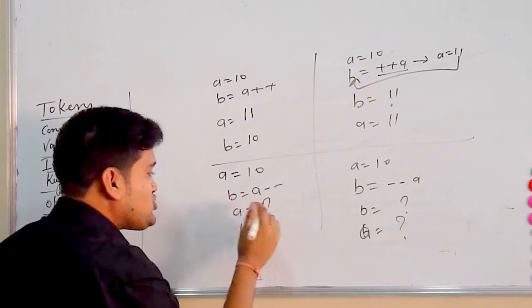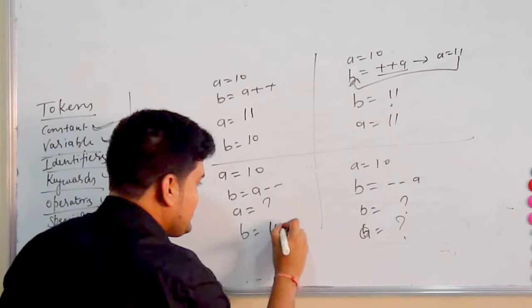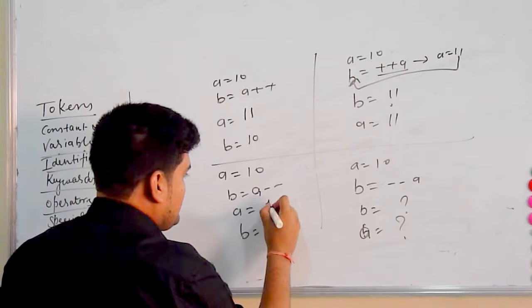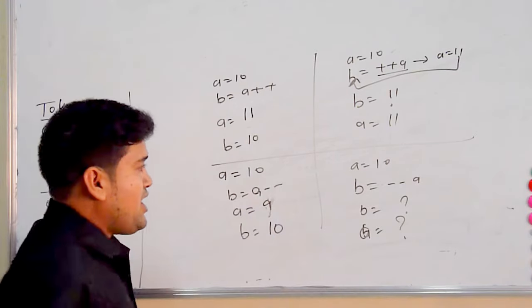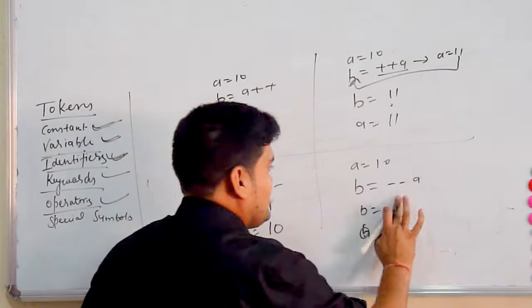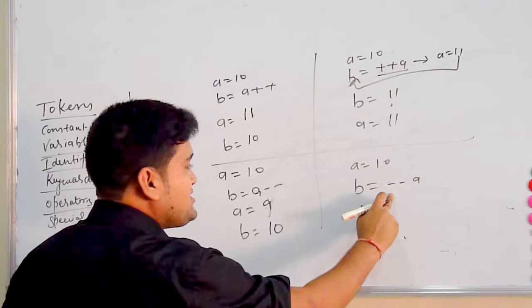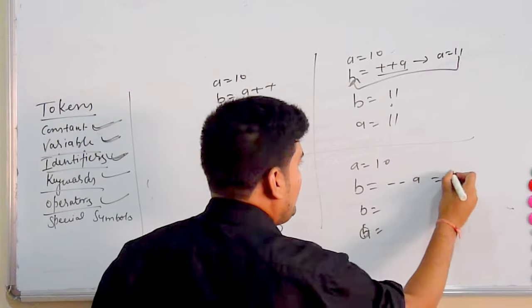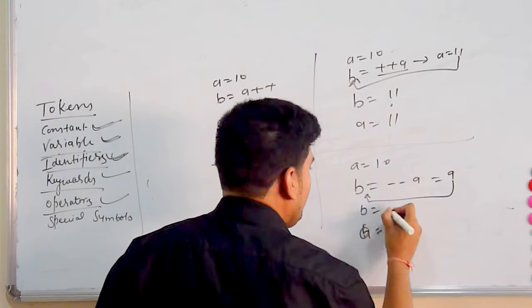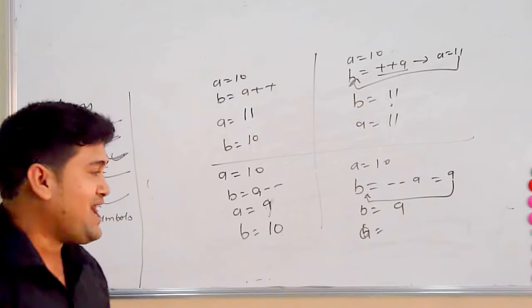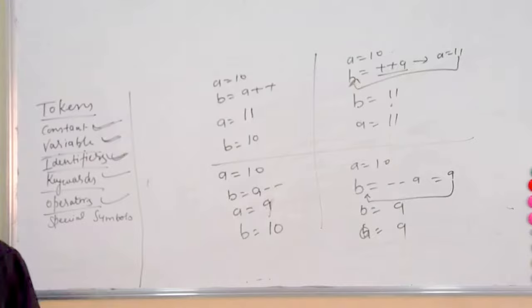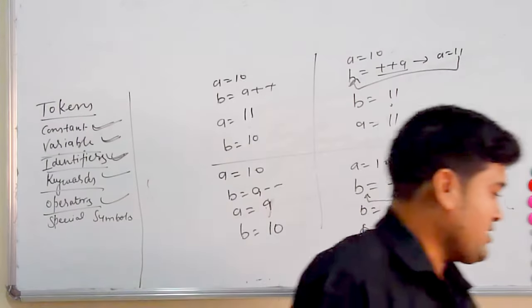So 10 will be initialized to b. Then the value of b is 10. And now the value of a is decremented by 1. So the value of a is 9. And here, the very first, the value of a is decremented by 1. So the value of a is 9. Then 9 will be initialized to b. So the value of b is 9 and the value of a is also 9. So this is the basic difference between the pre-decrement and post-decrement.